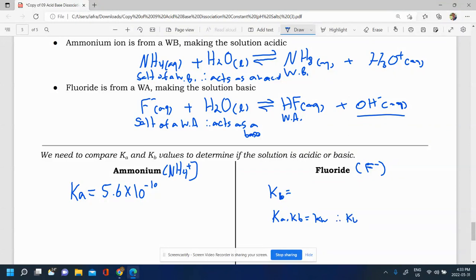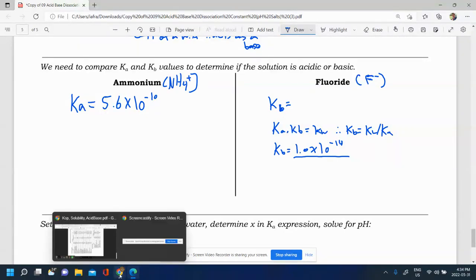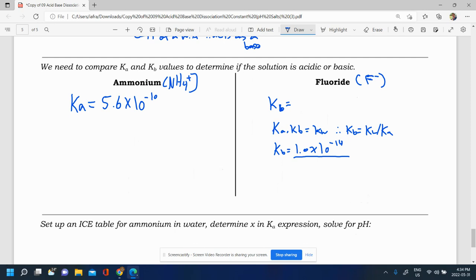Therefore, Kb is equal to Kw over Ka of the conjugate acid, HF. So our Kb is going to be 1.0 times 10 to the negative 14 over the Ka of HF, and as we saw, that was 6.3 times 10 to the power of negative 4.